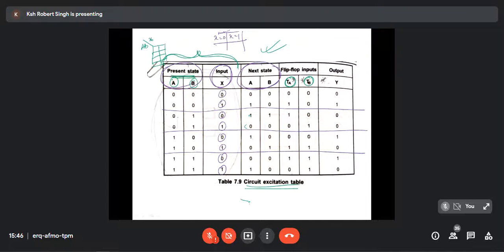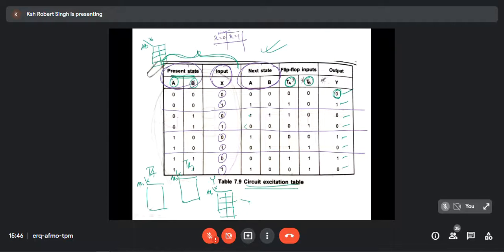So let us do it. You have one map to find TA, another for TB, and another for Y. Same input: A, B, X for each. What are the things that you are going to put inside? Very simple. When will you put 0?